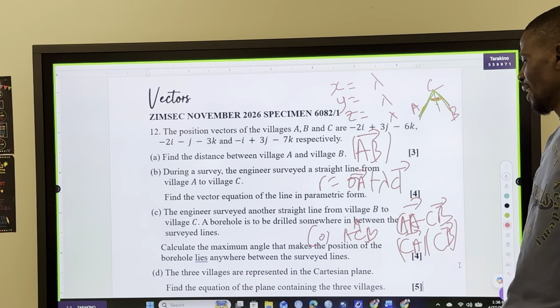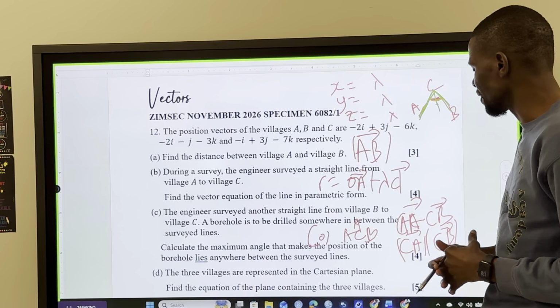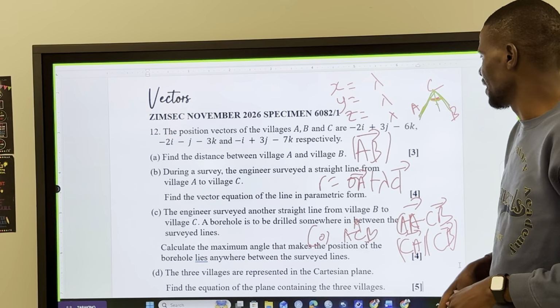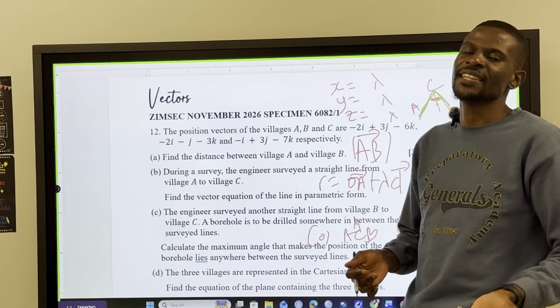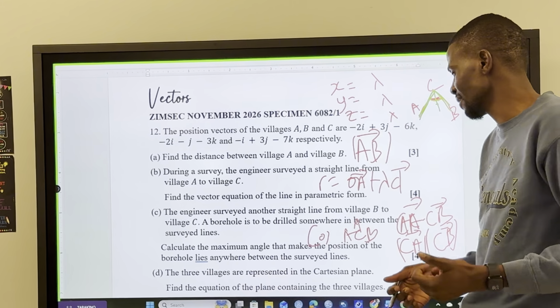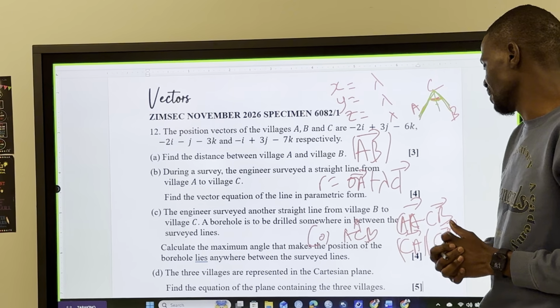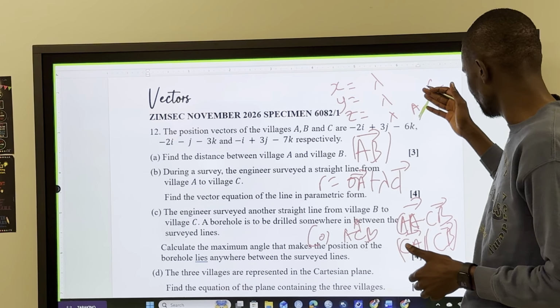Then lastly, we are trying to find a plane that contains three non-collinear points, right? And we know how to find the equation of a plane. We need the normal and any other point. But in this case, we have a common point, which is C, since we have vector AC already and vector BC.